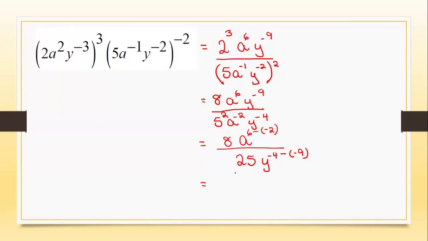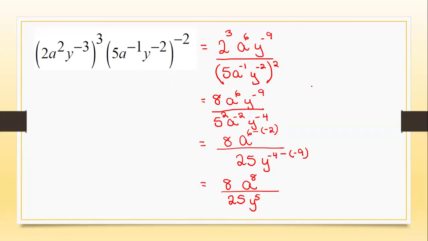This is now equal to 8 over 25. 8 to the power of 6, subtract negative 2. So that's 6 plus 2, giving us 8. 25y, negative 4 plus 9, giving us positive 5.